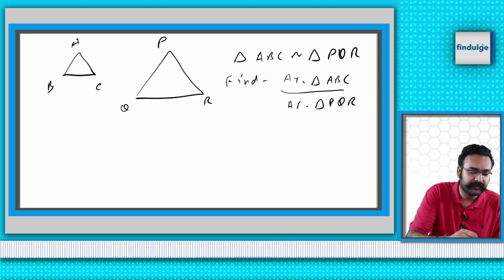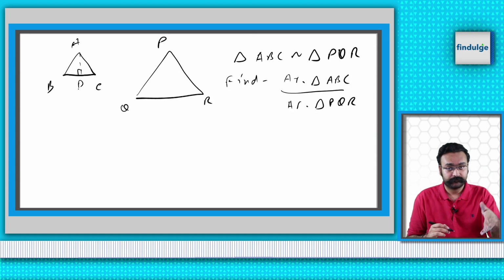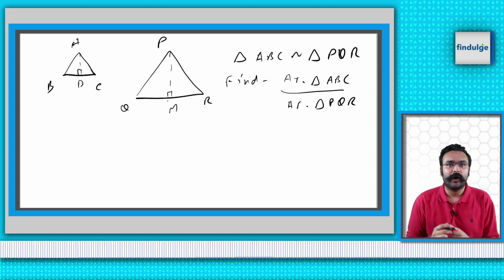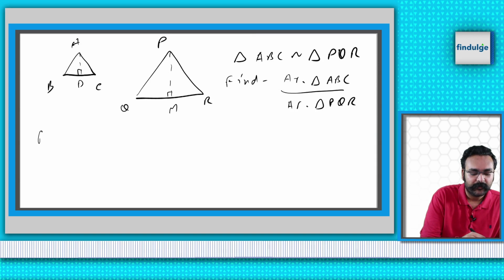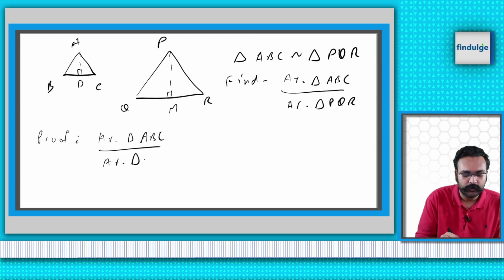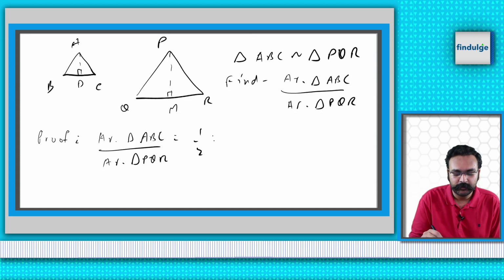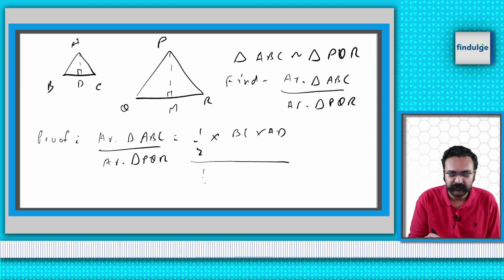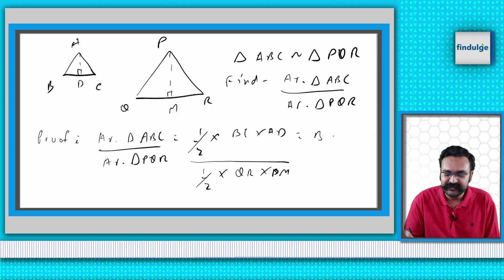So if I draw a perpendicular AD in my ABC triangle and a perpendicular PM in my PQR triangle, then area of triangle ABC upon area of triangle PQR will be half into BC into AD divided by half into QR into PM, which I can simplify by cancelling half and half, and I am left with BC into AD upon QR into PM.